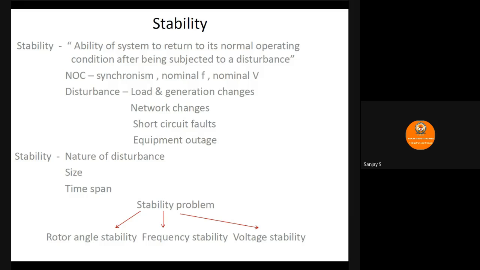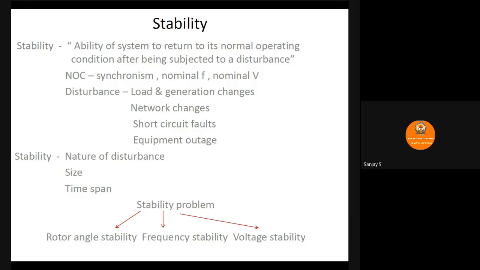That can be considered a small magnitude disturbance. Coming to the large magnitude disturbance, there may be a breakage of a transmission line or transmission line pole or tower. That's a huge disturbance. So that is the size of the disturbance. Then coming to the time span, how long the disturbance persists also decides the stability. So the dependency factors on stability are nature of disturbance, size, and time span.